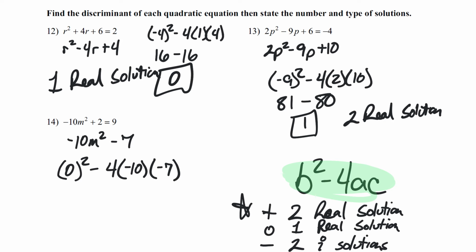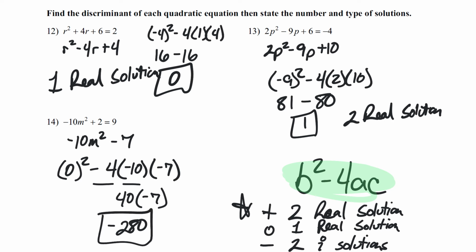So we have negative 4 times negative 10, which is negative 40, or excuse me, that should be positive 40, times negative 7 is negative 280. And again, negative 280 doesn't mean anything for solving. It just tells us how many solutions we have. Since this is negative, we have no reals, but 2 imaginary solutions.